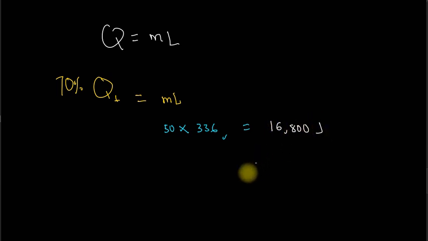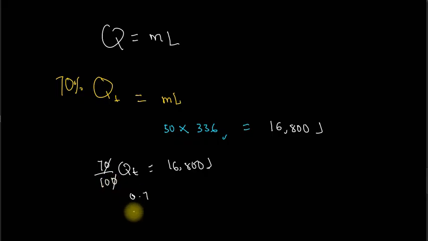16,800 joules is 70% of QT. 70% is 70 over 100, right? So 70 over 100 times QT is equal to 16,800 joules. 0 cancels 0. So we have 0.7, because 7 divided by 10 is 0.7.